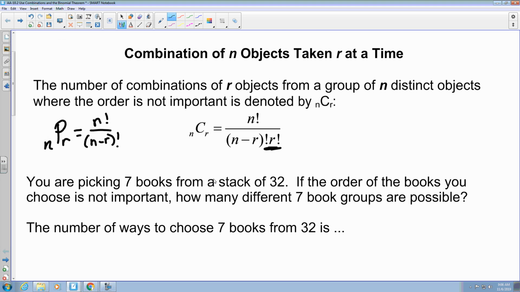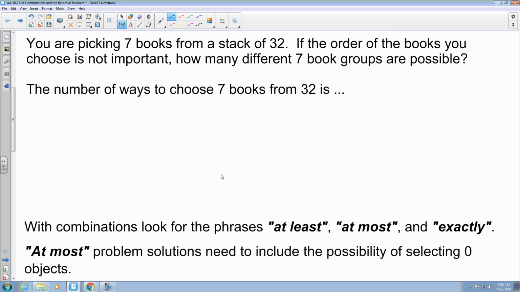Okay, so looking at some combination situations, let's see how many possible outcomes there are for these problems. It says you are picking 7 books from a stack of 32. If the order the books are chosen is not important, how many different 7 book groups are possible?